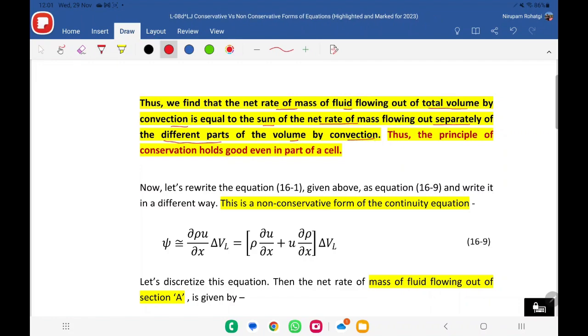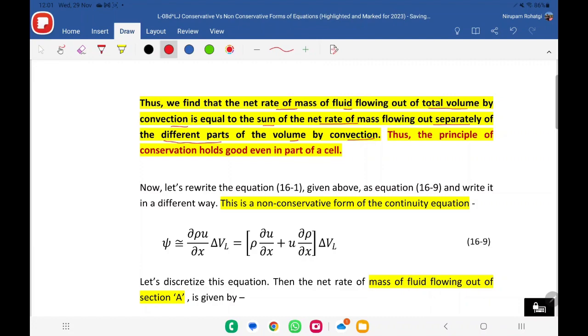So if your conservative form of equation is written, then what will happen? If you have a bigger volume, you break it into smaller parts. So either you find the conservation at the initial smaller part or at the larger part, it will be the same. They will add up to 0 or they will be equal.